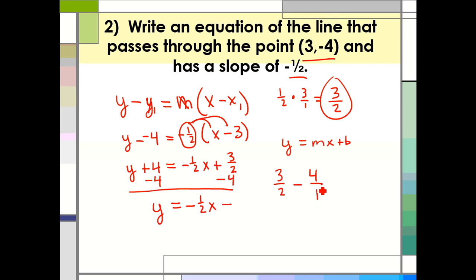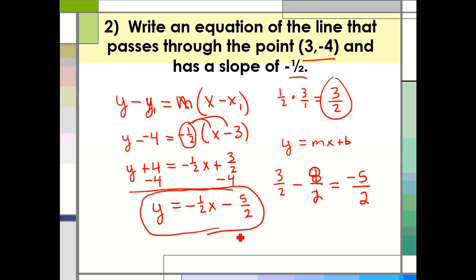To give the second fraction the same denominator, it would have to be a 2. So I'm going to multiply the top and bottom by 2, and I get 8 over 2. 3 minus 8 gives me negative 5 over the common denominator. So when you work this one out, you get y equal to negative a half x minus 5 over 2. So in slope-intercept form, the line that goes through this coordinate and this slope is y equals negative a half x minus 5 over 2.